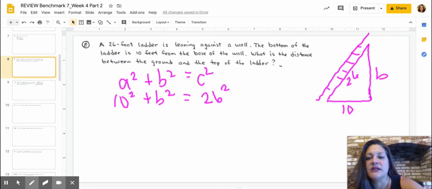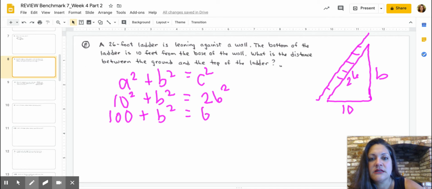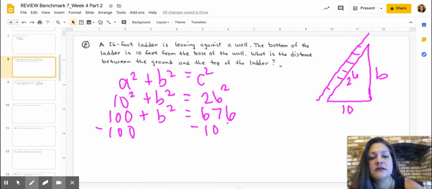So I know this is 100 plus b squared equals 26 times 26 is 676. We're going to subtract 100 from each side. So b squared is 576.